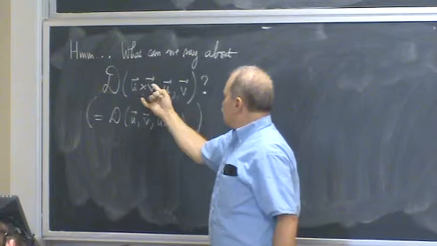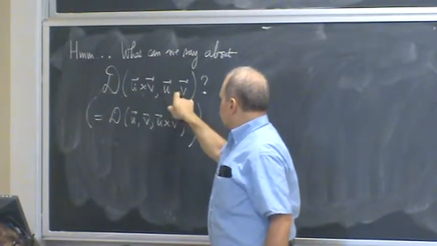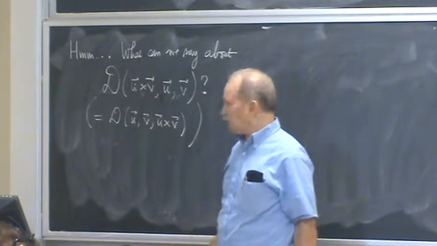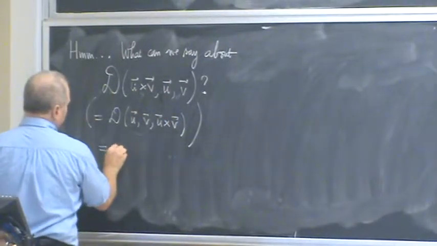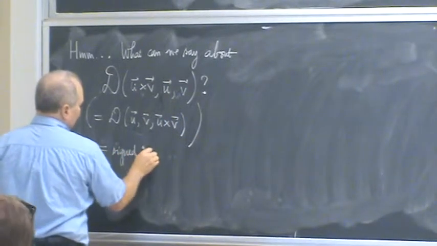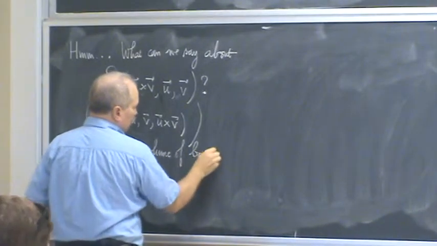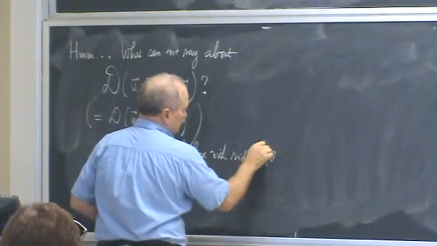So I could switch these two and get one minus sign, and then switch u cross v and v and get this, so it would have had two switches. So it's the same sign. So this is the picture. This is the signed volume of the box, parallelepiped, with sides u, v, and the cross product.